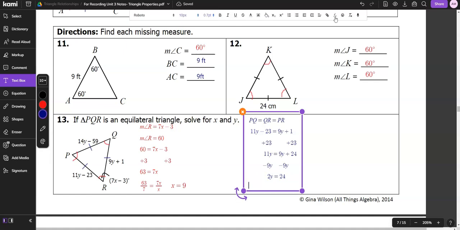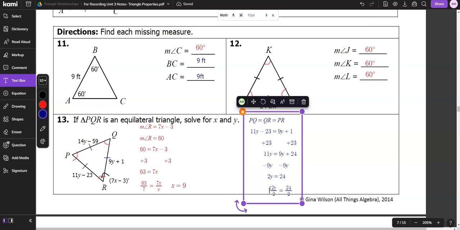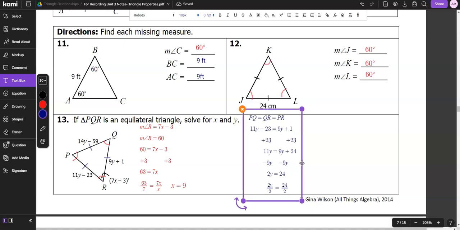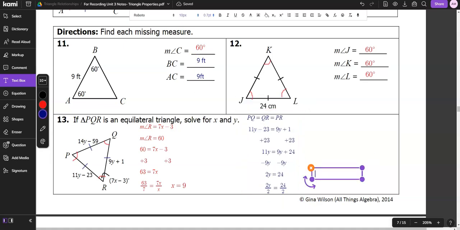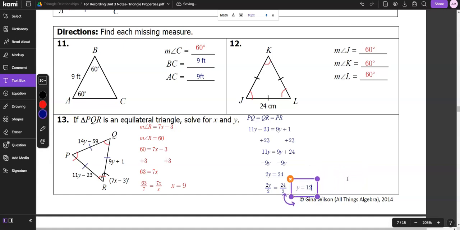Divide both sides by 2, so we get 2y divided by 2 equals 24 divided by 2, which gives me a final answer of y equals 12. So those are how we use the properties of an isosceles triangle and those of an equilateral triangle to find different angle measures or even different side measures.